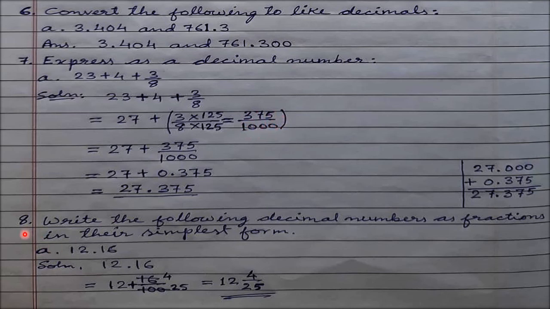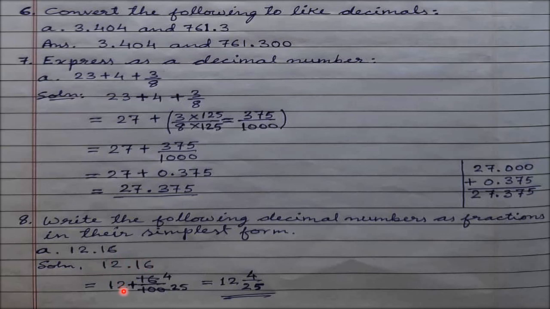Now question number 8, write the following decimal numbers as fractions in their simplest form. That means first convert this decimal into a fraction, and then cancel the fraction and write it in the simplest form. So 12.16, or 12 and 16 hundredths. This means the whole number part is 12. This is just like a mixed fraction. Before the point is the whole number and after the point is the fractional part.